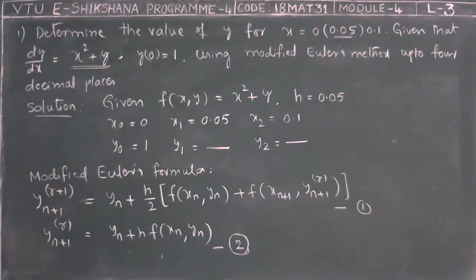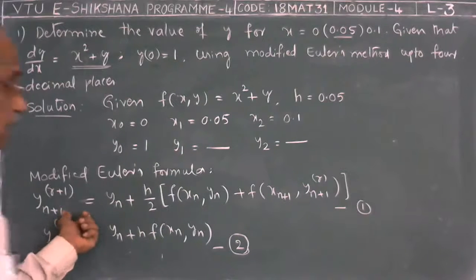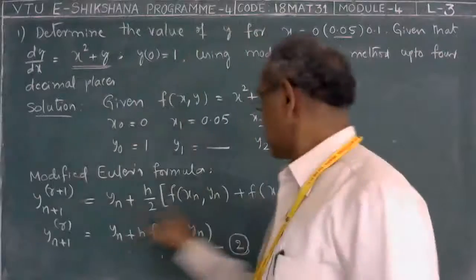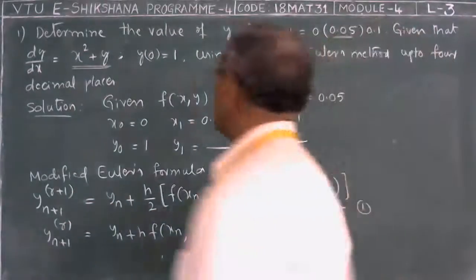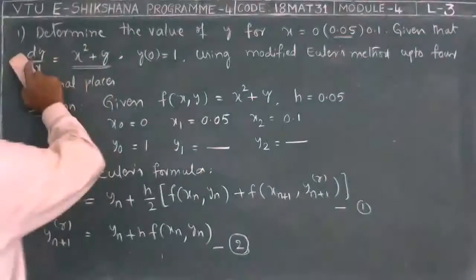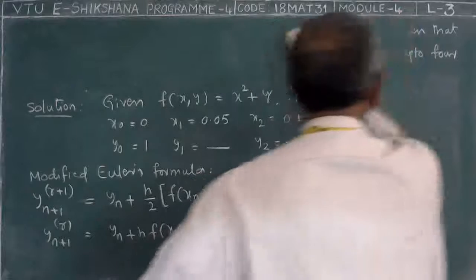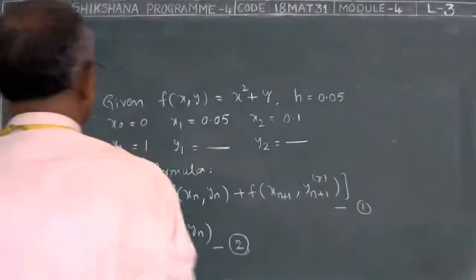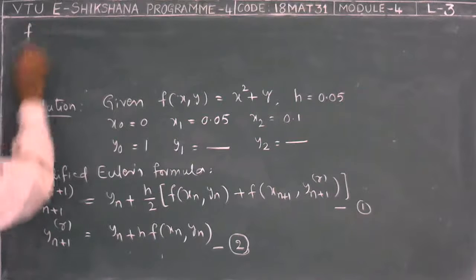Okay. Now I want to find y1. How do I get y1? Put n is equal to 0 in 1. Put n is equal to 0 in 1, you get y1. Right? So let us put n is equal to 0. I will write what is required here.